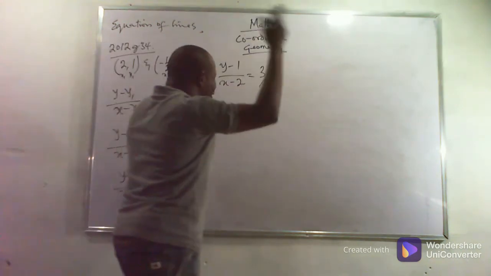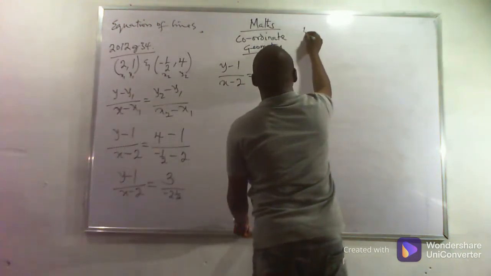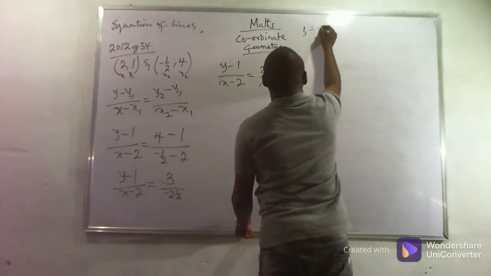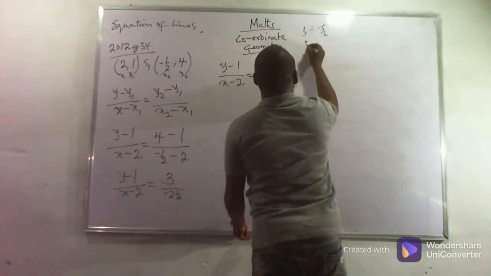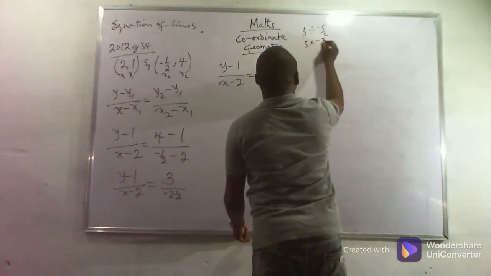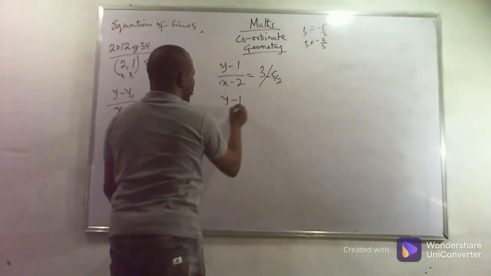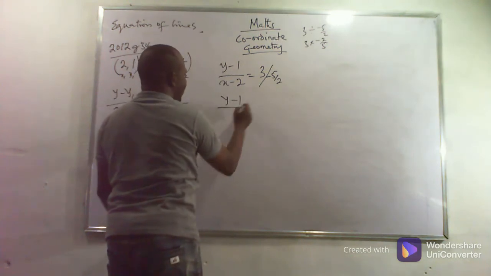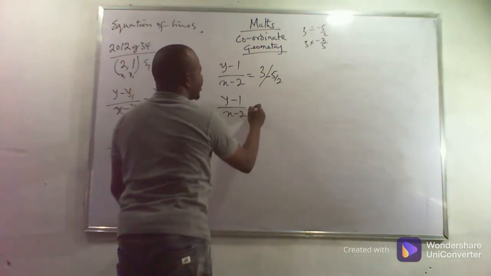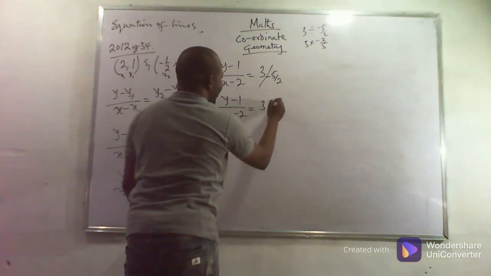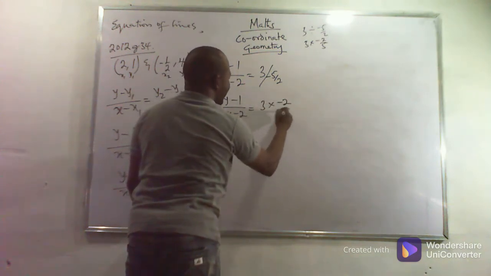Now, from your knowledge of mathematics, it is like saying 3 divided by minus 5 over 2. So when you change it, you have 3 times minus 2 over 5. So you have y minus 1 over x minus 2 equals 3 times minus 2 over 5.